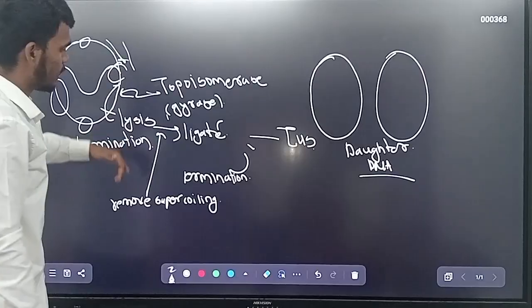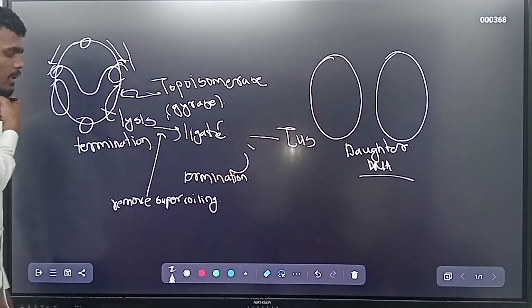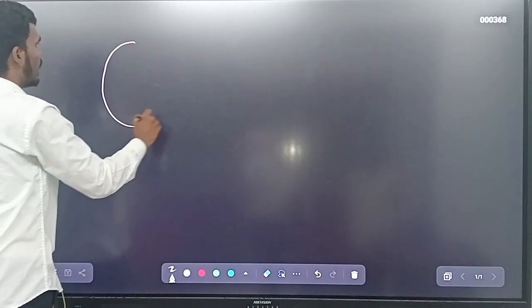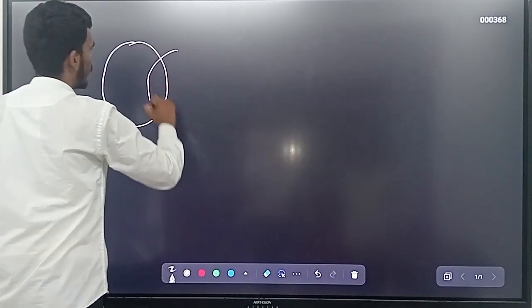Remember this word, topoisomerase, and this is also called gyrase. So topoisomerase or DNA gyrase.